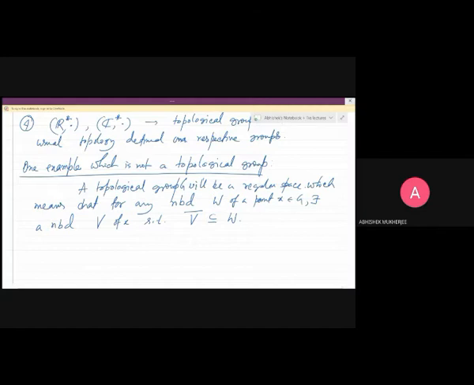Okay. So to construct an example which is not going to be a topological group, you need to consider this property of a topological group. So we need to construct a group and induce a topology on that group which is going to be a non-regular topology.